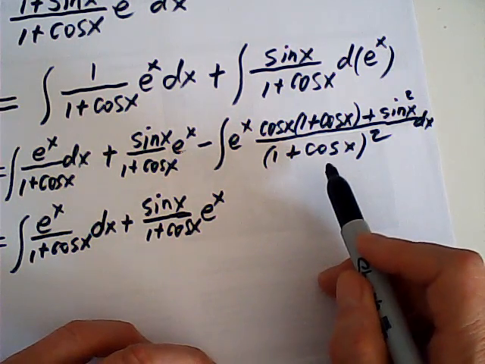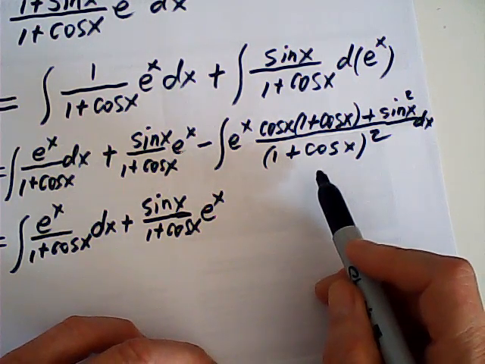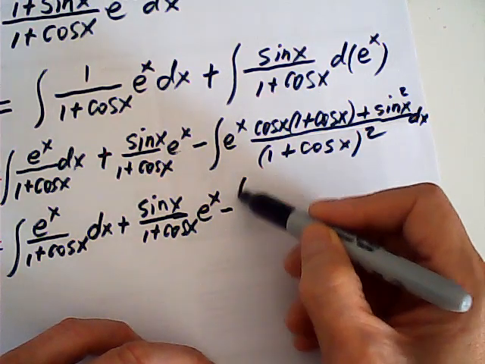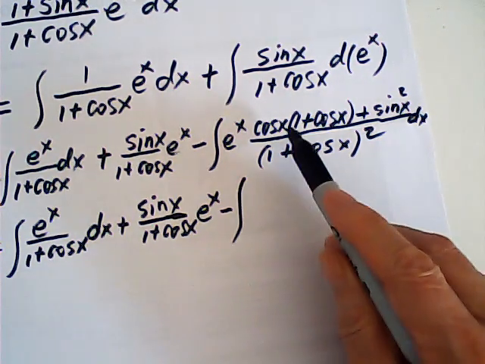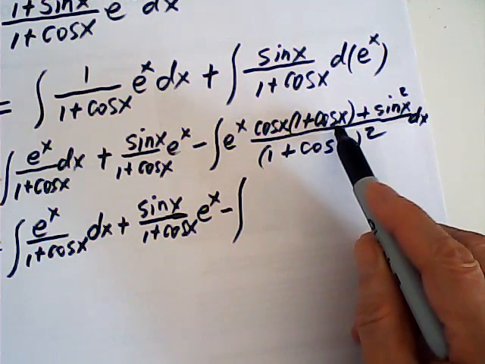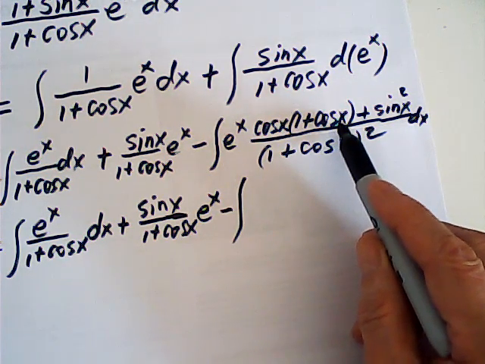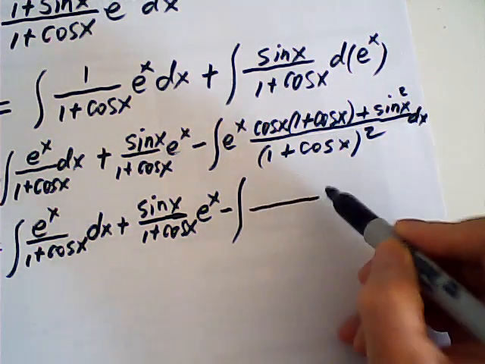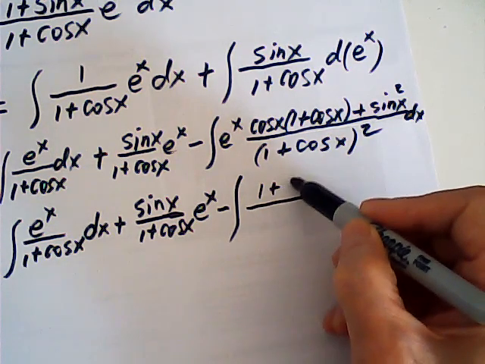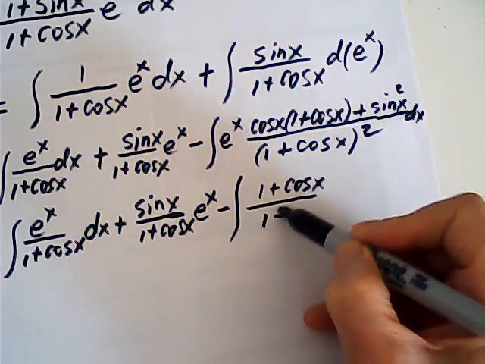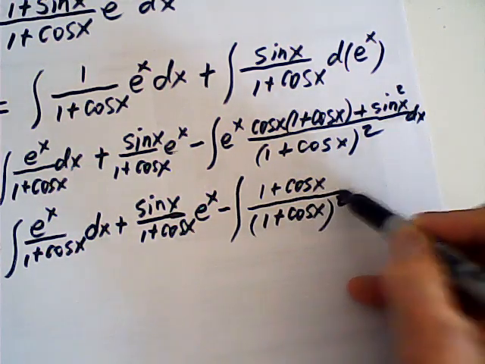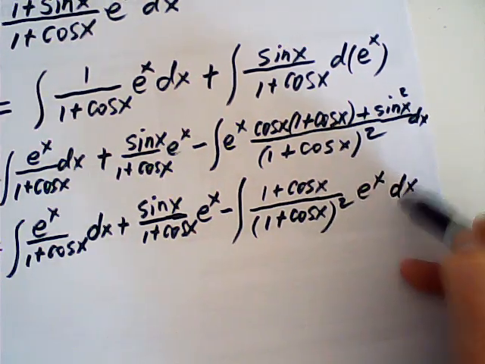Now here, this is the minus integral. Now, this is cosine x plus cosine squared x. Cosine squared x plus sine squared x is equal to 1. So this one becomes 1 plus cosine x over 1 plus cosine x squared, and e to the x dx, right?